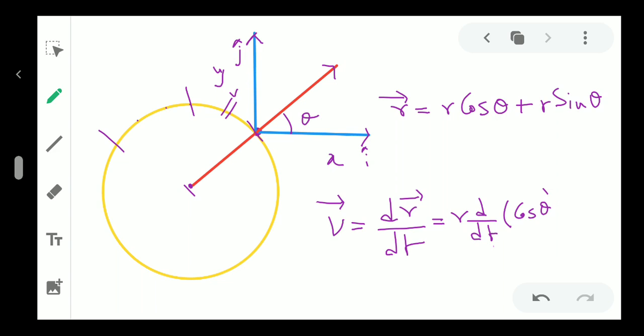Now you can ask how theta is dependent on time. You can easily see that as time is going, this point P, the particle which was at P, will come to another place, let's say at Q, after some time.